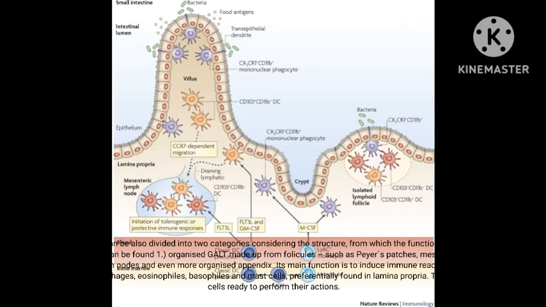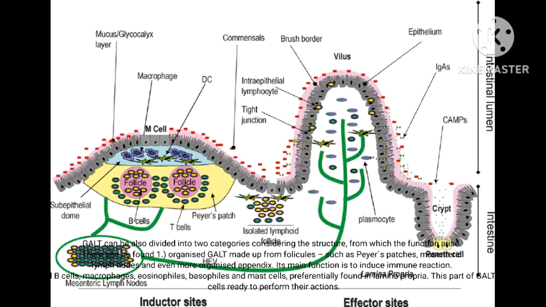Its main function is to induce immune reaction. 2. Diffuse GALT with single T and B cells, macrophages, eosinophils, basophils and mast cells, preferentially found in lamina propria. This part of GALT is made up from mature effector cells ready to perform their actions.